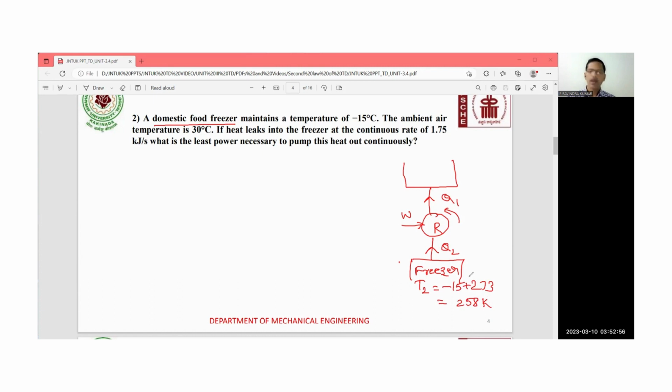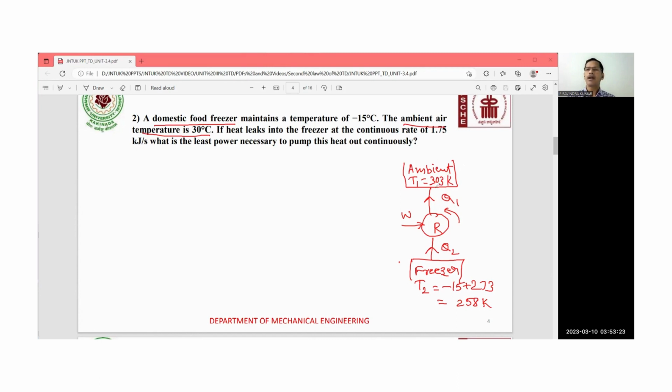And the ambient air temperature, that is T1, is around 30 plus 273, so it is 303 Kelvin, right?